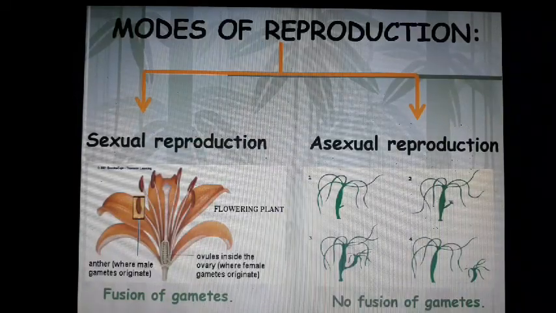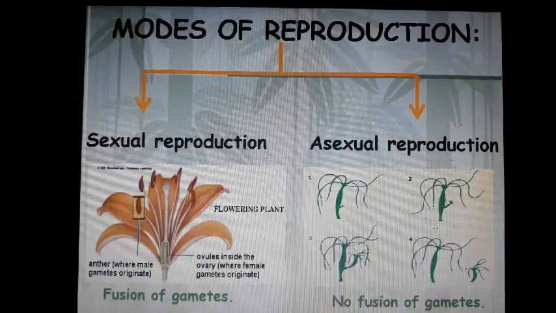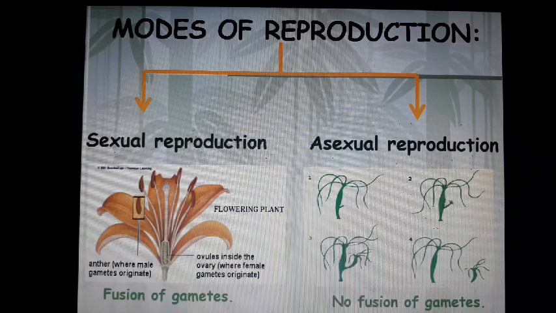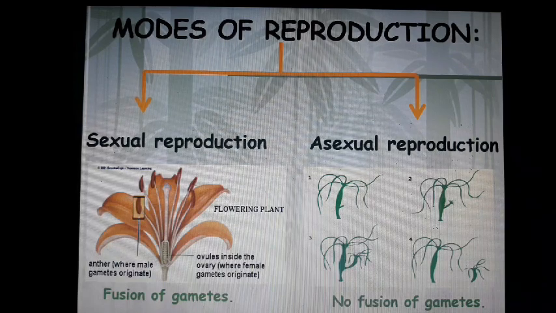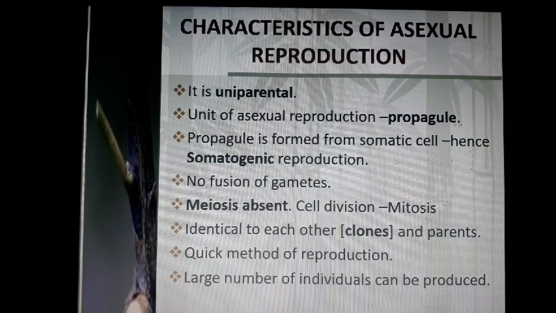2 modes of reproduction, you are all aware: sexual reproduction and asexual reproduction. Sexual reproduction, where there is involvement of gametes, formation of gametes, fusion of gametes, and asexual reproduction, here there is no involvement of gametes. Let us understand some characteristic features of asexual reproduction.